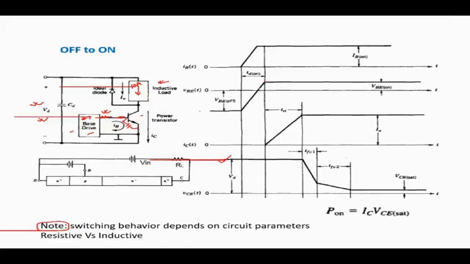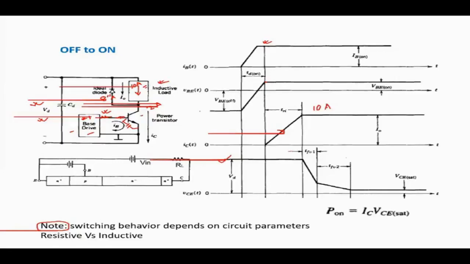Base drive current will also increase. So once the base current is formed, due to the influence of base current, your collector current will start building up. But remember, when collector current is building up, let's say it is 2 ampere, that means the diode has to carry the remaining 8 ampere, right? So the diode has to be still forward biased. As a result, till your collector current reaches 10 ampere, the diode has to be forward biased.